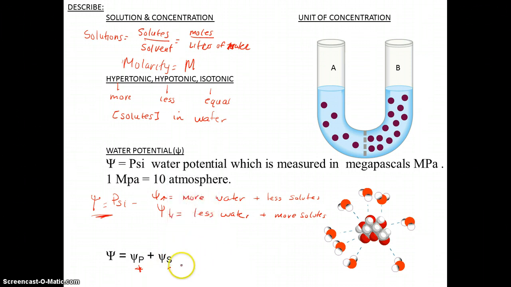It's negative because the more free water molecules you have, the more work they can do. But when you add solutes, the free water is tied up. Here, for example, some of the water is attracted to another solute, so you have fewer free water molecules, and that's why there's a negative sign there.